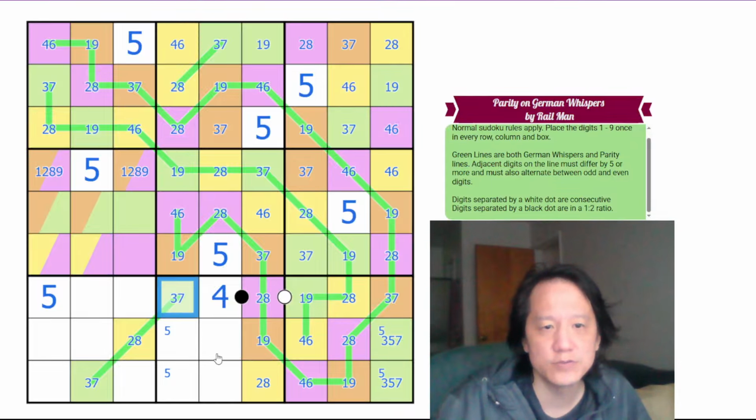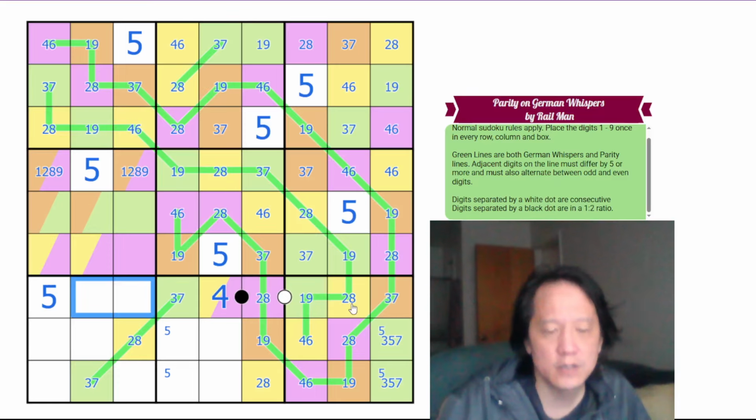This is yellow 3-7. That leaves the remaining digits in... we have a 4 here. It's either pink or yellow. We don't know which. We are missing the other pink or yellow 6. So we're guaranteed a 6 here. And then the other one is 1 or 9.